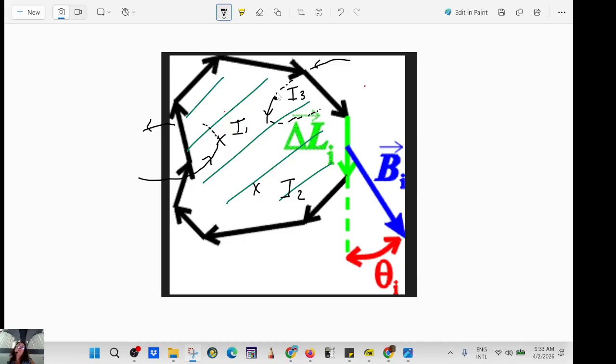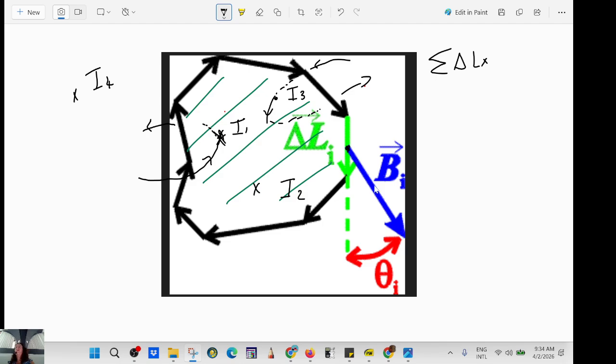Okay, so this one is into the board, towards you. Maybe you have I4. So Ampere's law says that if you sum all those little segments here, delta L, times, so for every single segment here, you're going to have a value for the magnetic field.